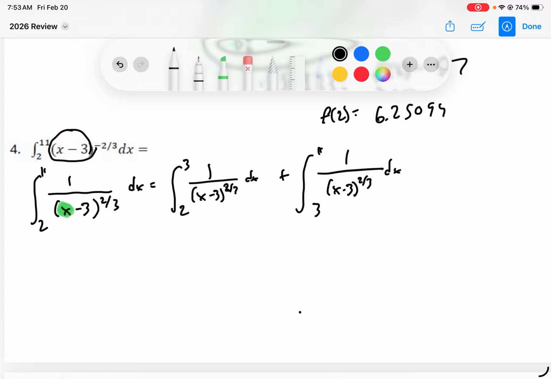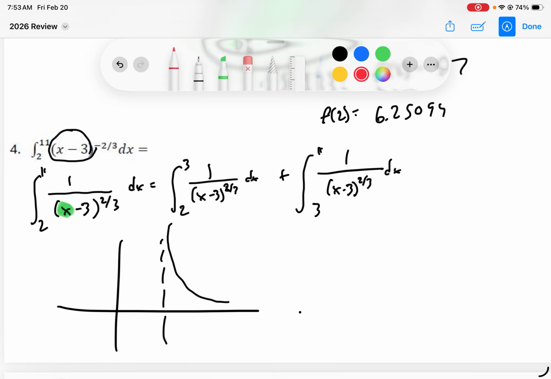Okay, so that's great, but now this is called an improper integral because we are finding the area of an unbounded curve. I don't know what this looks like exactly, but here's 3, and my graph might look like that. So this area is unbounded. It just keeps going up forever, right? Even though it stops over here at 11. It's unbounded for that region.